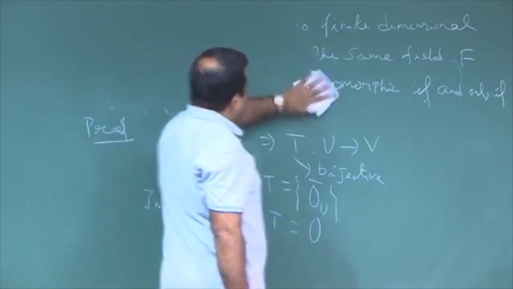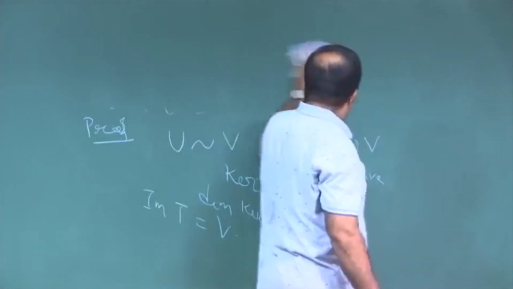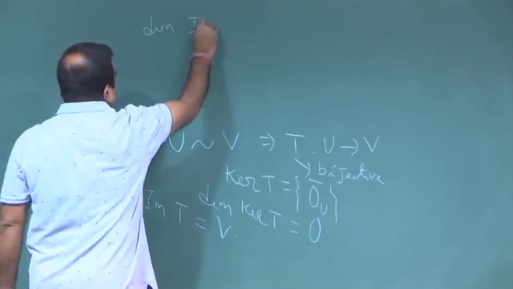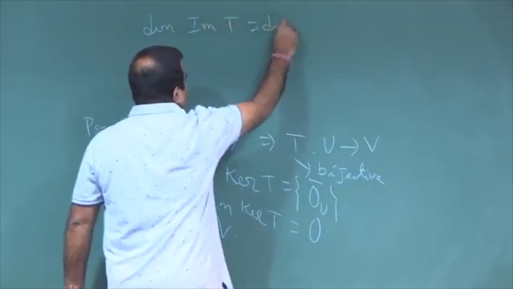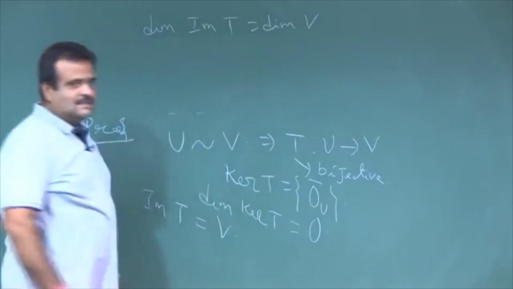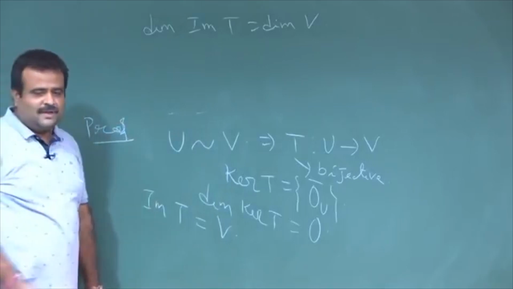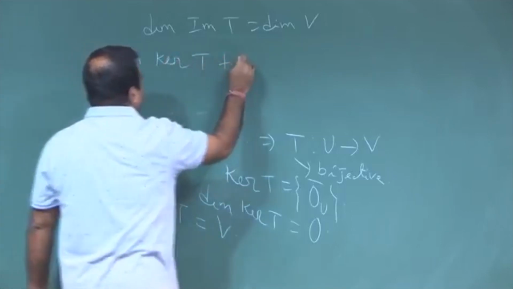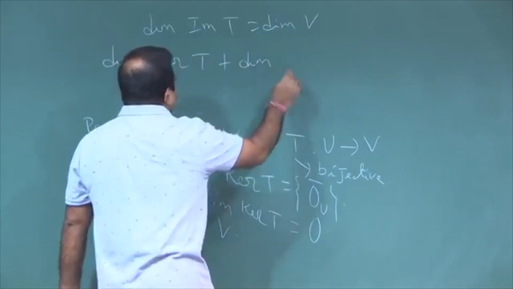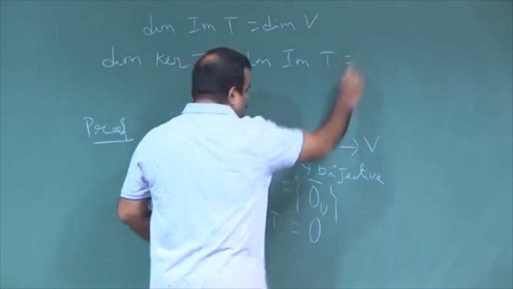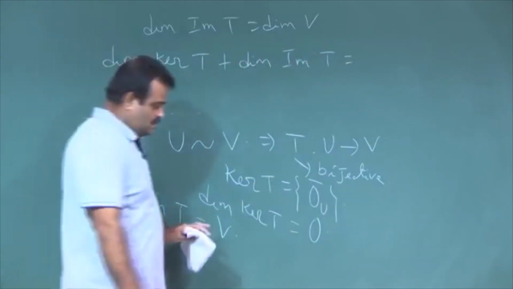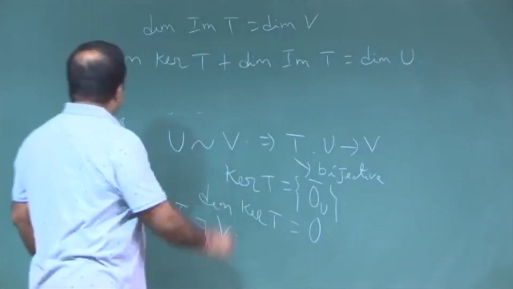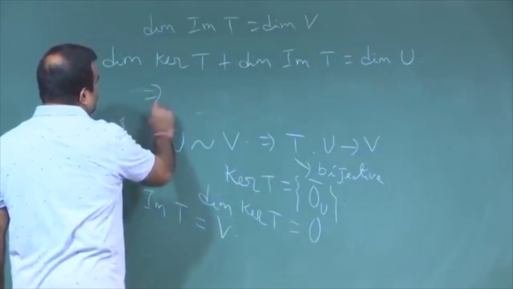Okay. So, this means the dimension of the range of T is the same as the dimension of V. Now, we know from the last class the rank nullity theorem, which tells us the dimension of the kernel of T plus the dimension of the range of T is equal to the dimension of the domain, dimension of U. Now, the kernel dimension is 0, and T is onto.